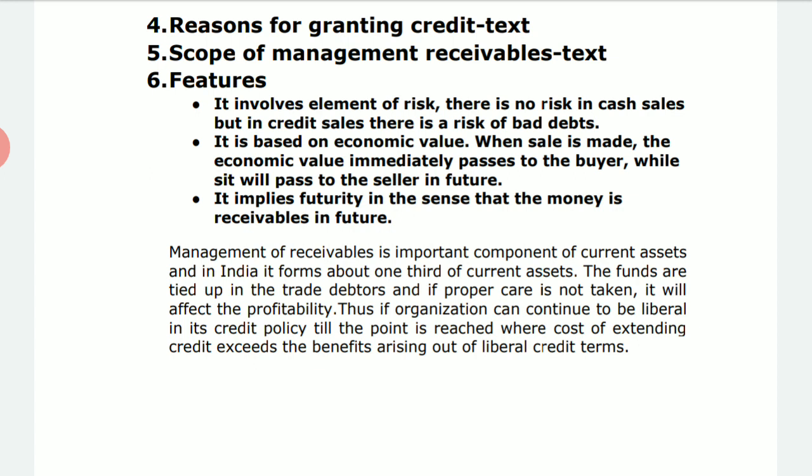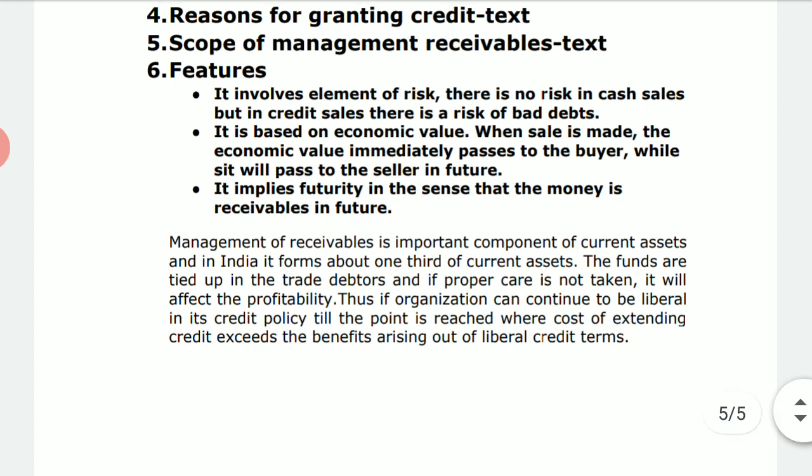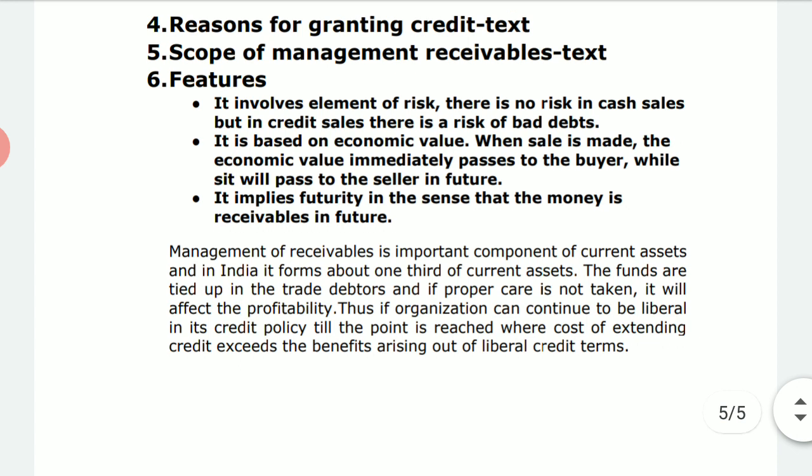For example, if the credit period allowed to the debtor is 30 days, but the actual collection period is 45 days, that means there is a delay of 15 days in collection, which may increase the loss due to bad debts, and it may adversely affect the liquidity of the firm at times.